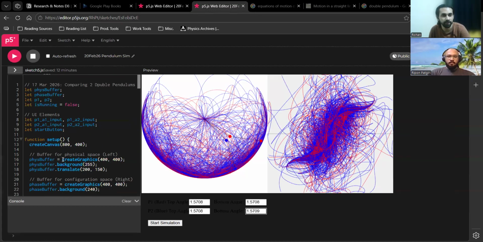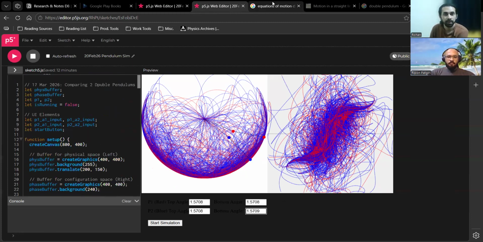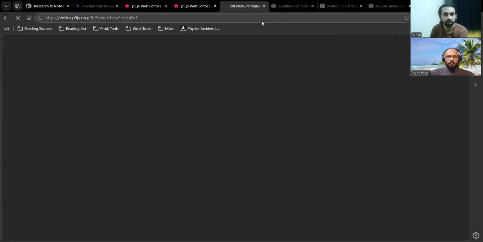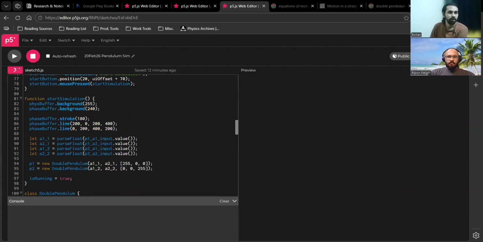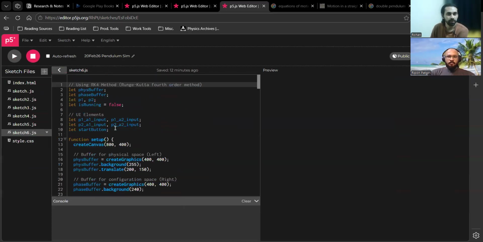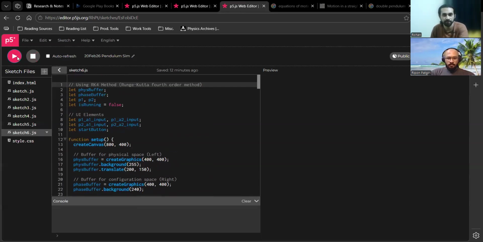Here it's a bit different. And there is another one that I wanted to show. This is actually the same in terms of the output, but the way this is simulated is different. That's the only difference here.